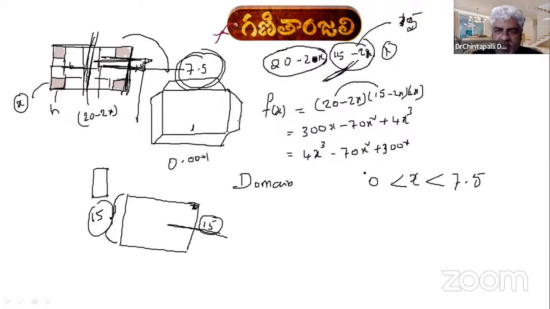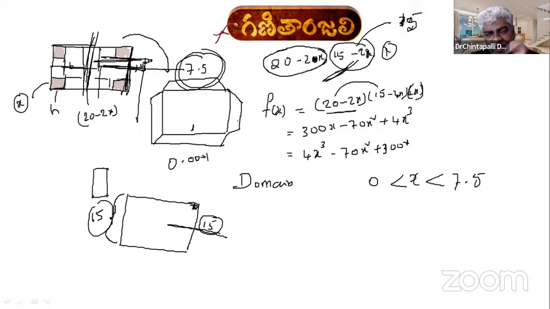Next, what about the range? The range means the values of the volume of this function. Can it exceed 20? Let's see.